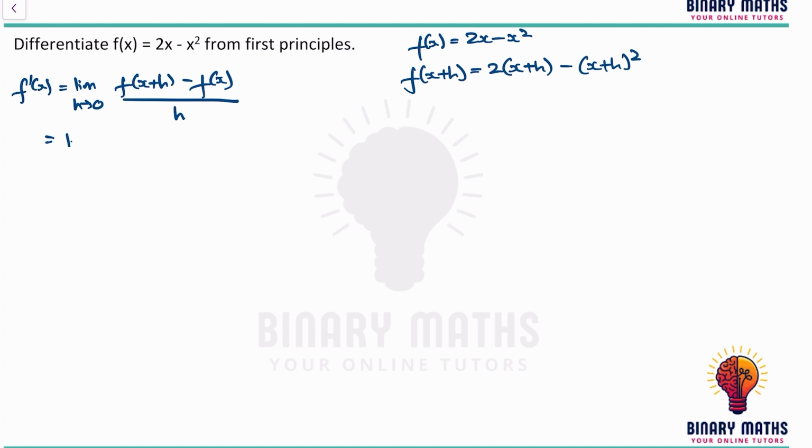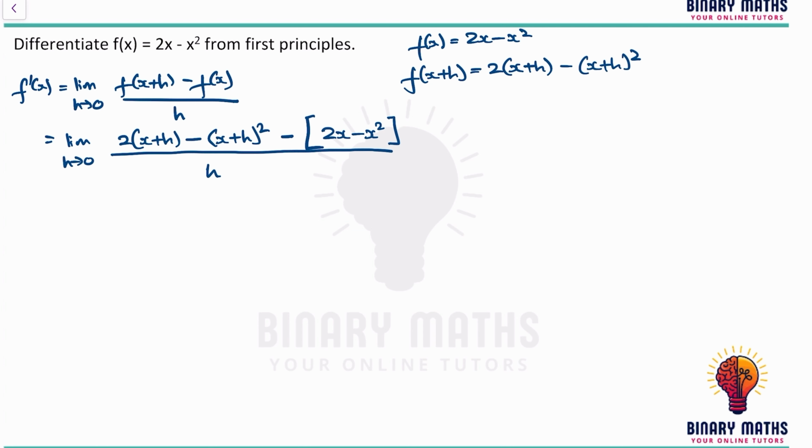So this is the same thing as limit h tends to 0 of 2 lots of x plus h minus x plus h squared, take away f of x, which is equal to 2x minus x squared, all over h.